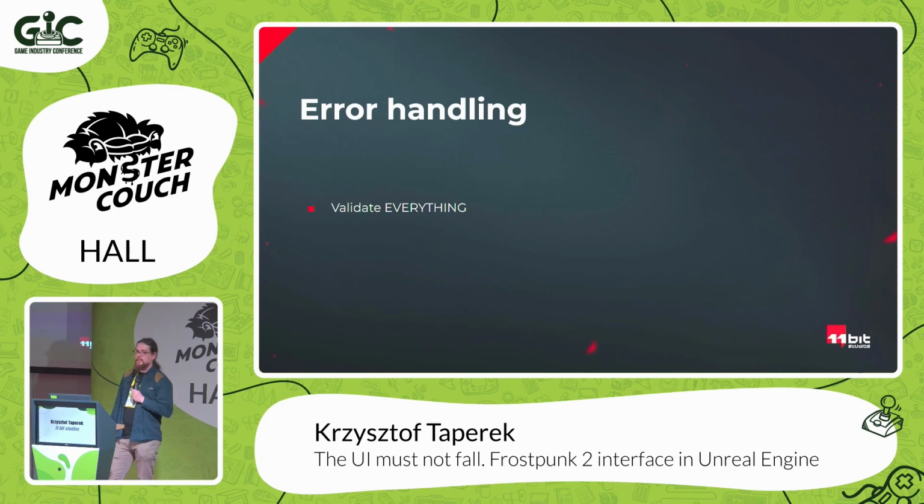When we are handling stuff from the UI perspective and getting data from the gameplay, we have to assume that everyone is trying to deceive us, everyone will put some incorrect data for us, and we assume that all the time we have to validate everything, check everything, and handle every single edge case. Of course, it could be just hide the widget if we don't have correct data. That's the proper handling of stuff.